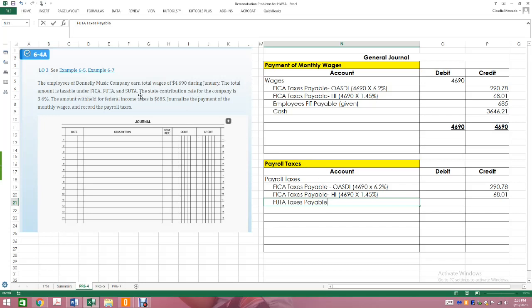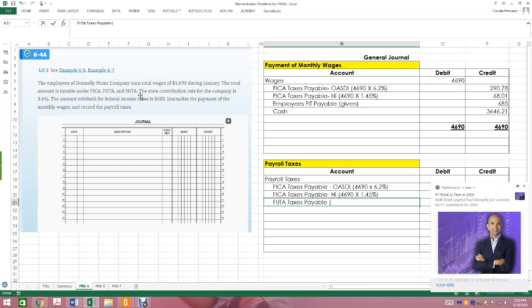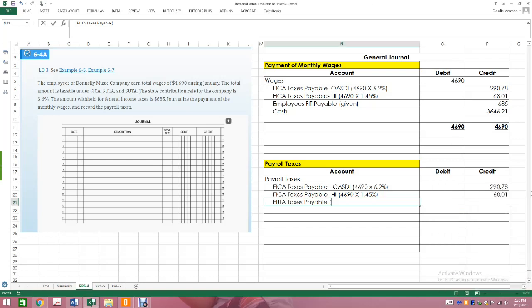From prior chapters, we know that the FUTA rate, the federal unemployment rate, is 0.6%. I believe that was covered in Chapter 5, so please refer to Chapter 5 that deals with unemployment. By now, you should know that the standard FUTA tax is 0.6%. That's the 6% minus the discount that they're given.